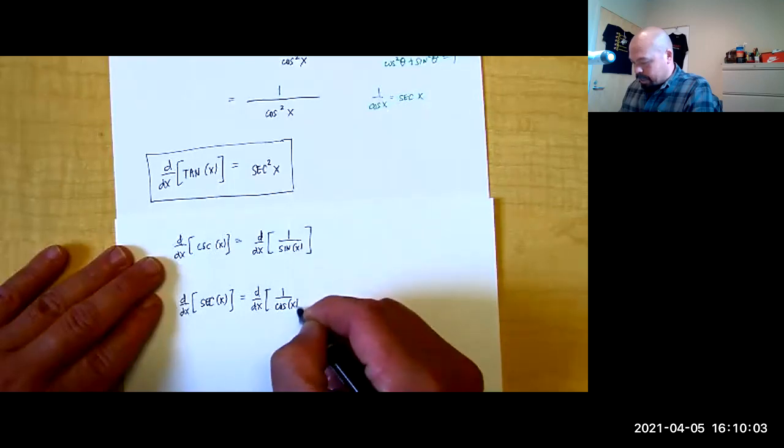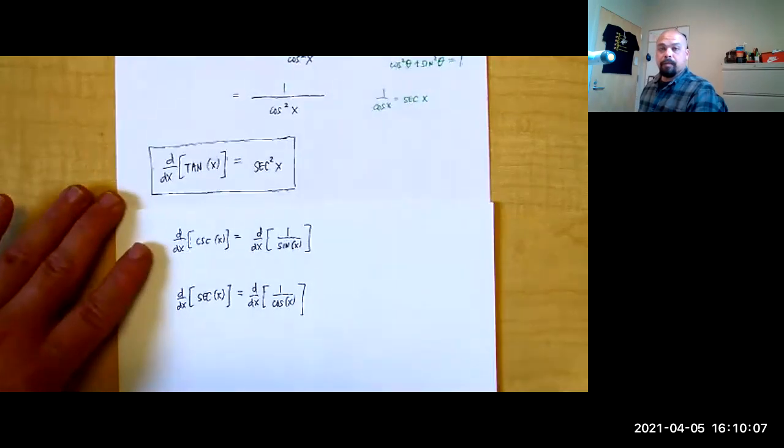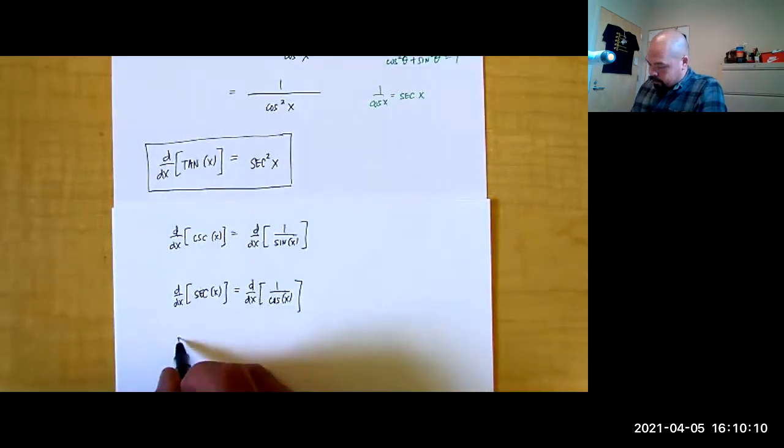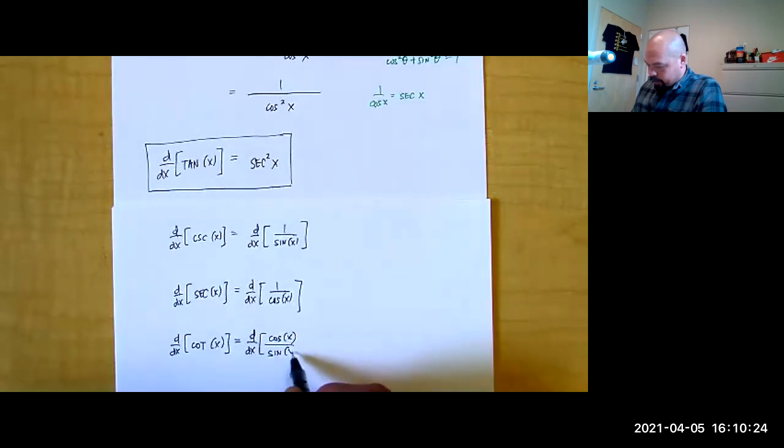We just talked about that reciprocal identity. And then the cotangent, the reciprocal of our tangent, cosine of x in numerator, sine of x in denominator.